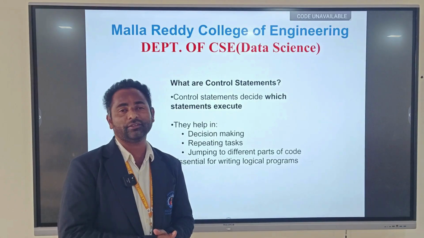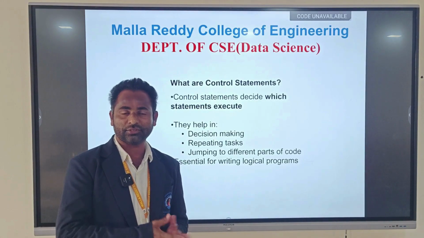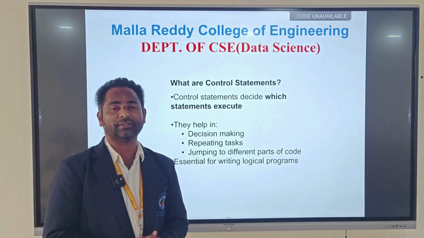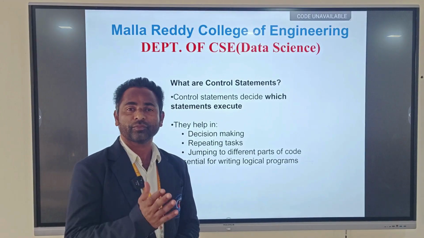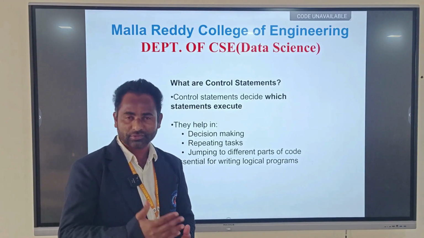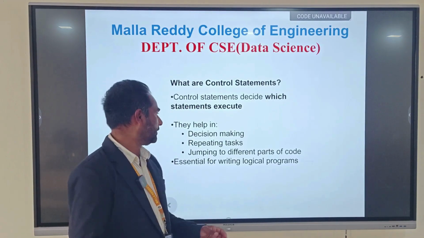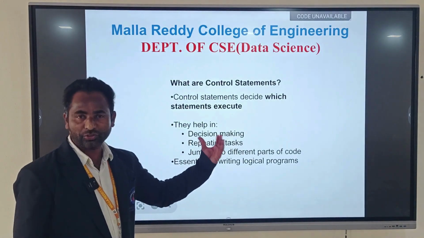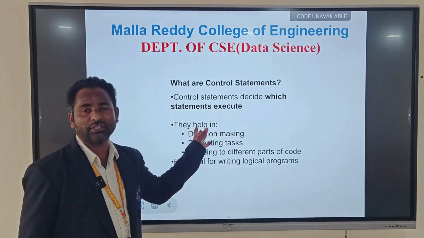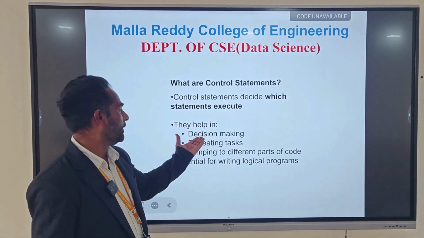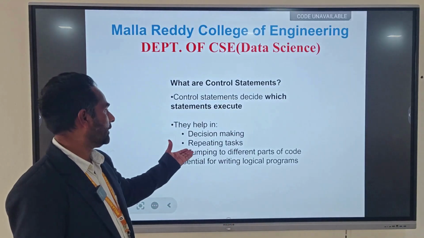If a statement or condition is not satisfied, then we are going to go to the next statement or condition. We use these statements for decision making and repeating tasks.